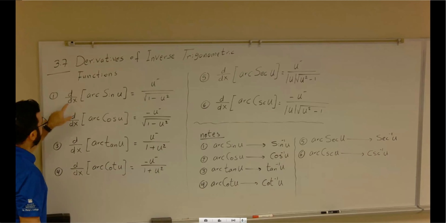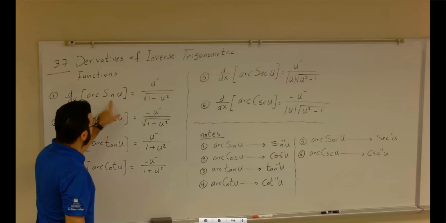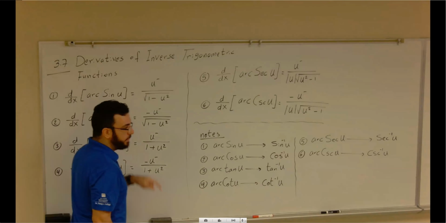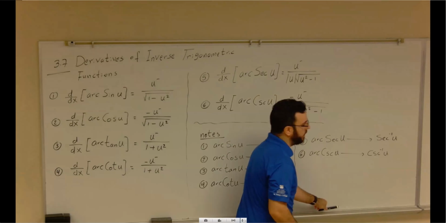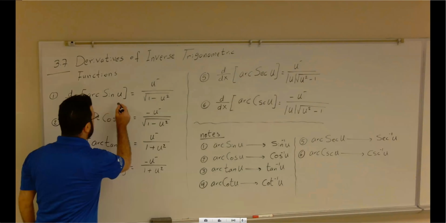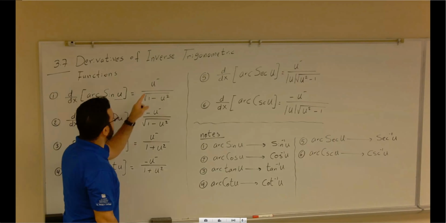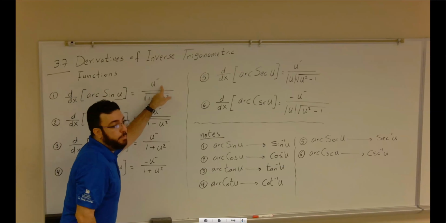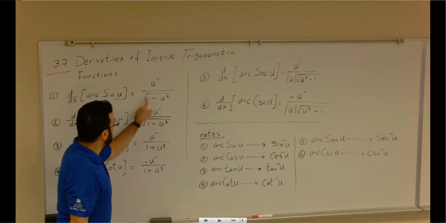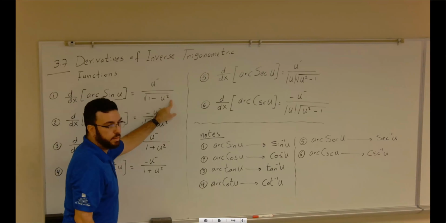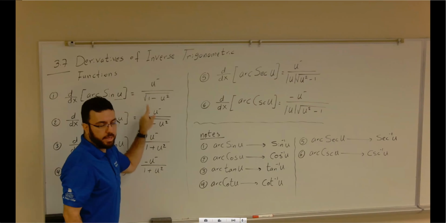So for the derivative of arc sine u, you always have to focus on the angle. Here is the angle u. The derivative is going to be the derivative of the angle over the square root of 1 minus the angle squared. That's it, and you have to simplify this part.